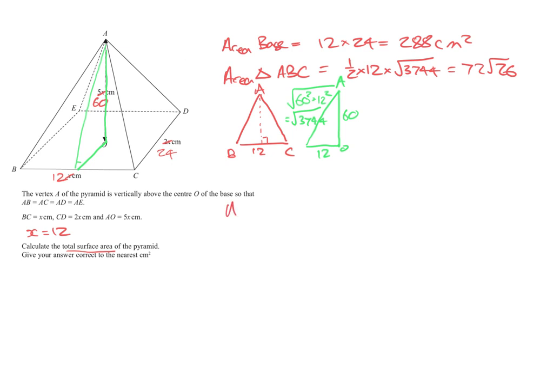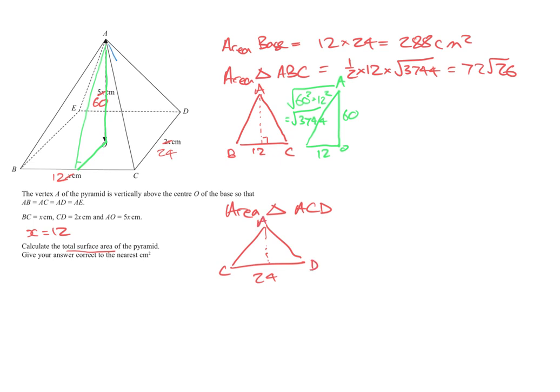So I'm going to look at the area of triangle ACD. So that's this one on the right-hand side of my pyramid here. The base is 24. I don't know the perpendicular height again, so I need to work that out. Let's just label this so I'm clear on where I'm going. Let's do this one in blue this time.